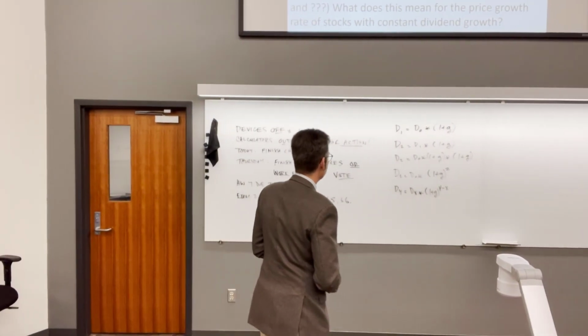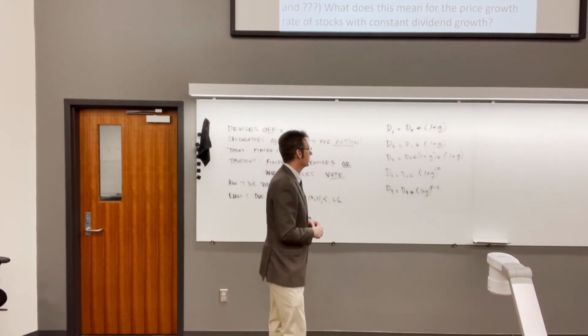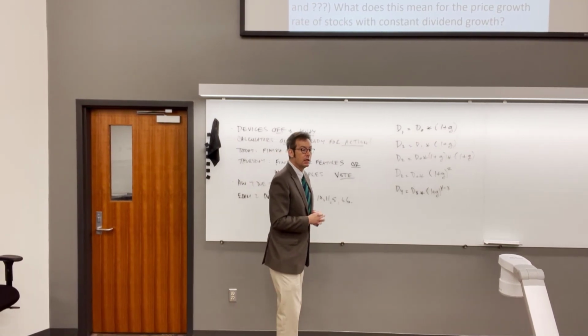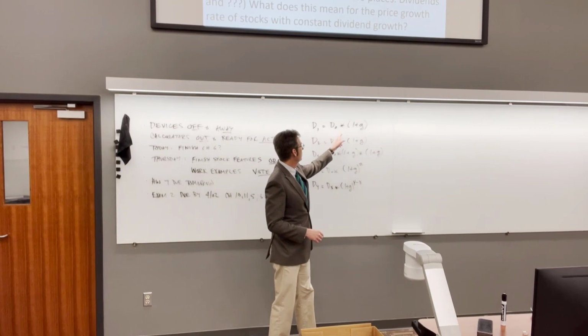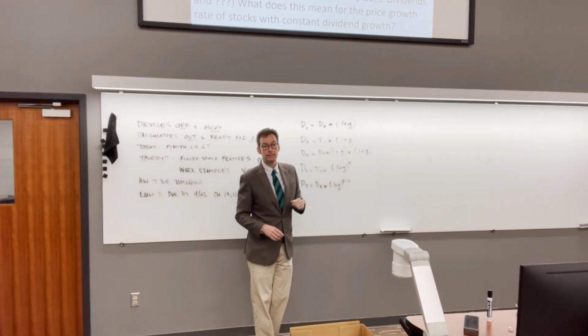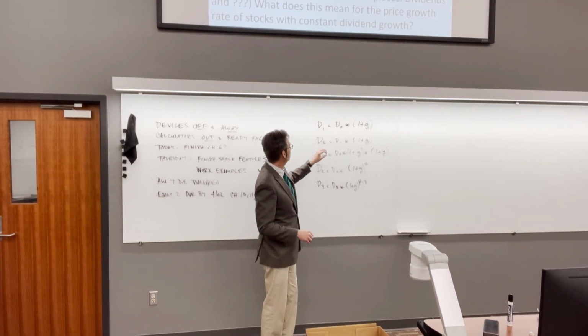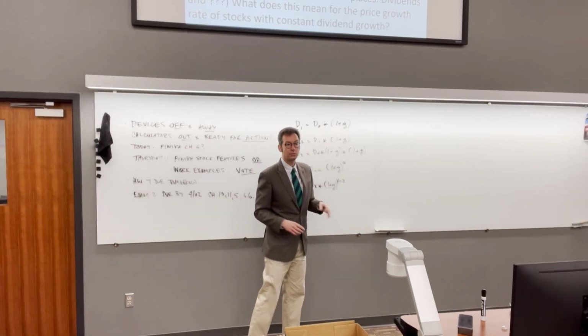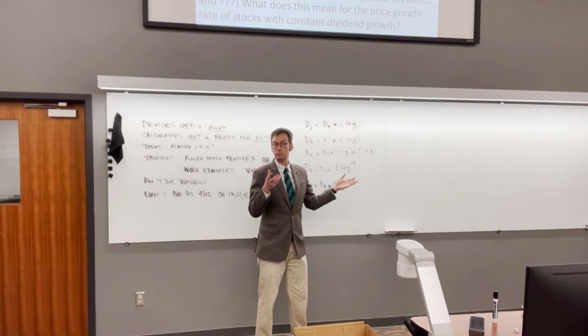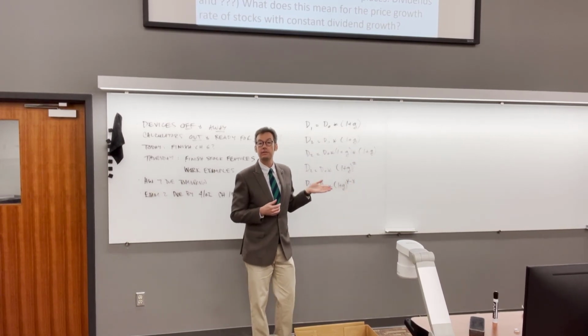Now, I want to walk through some things here that will make your life easier on the exam. We've already talked about how D1 is equal to D0 times 1 plus G. And I could also say D2 is equal to D1 times 1 plus G, because we're always just growing by multiplying by 1 plus G to get to the next dividend.